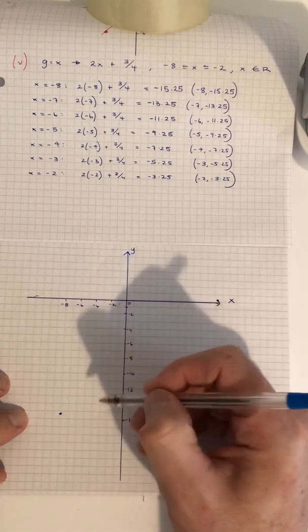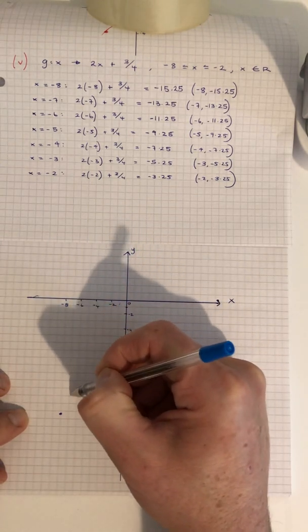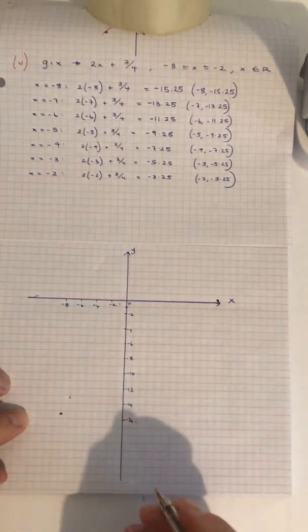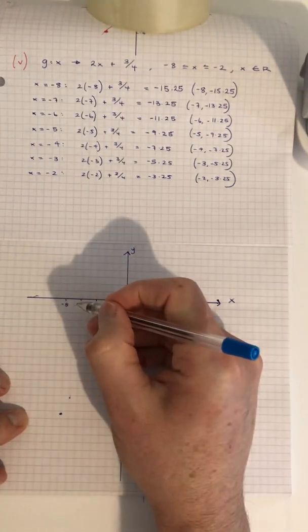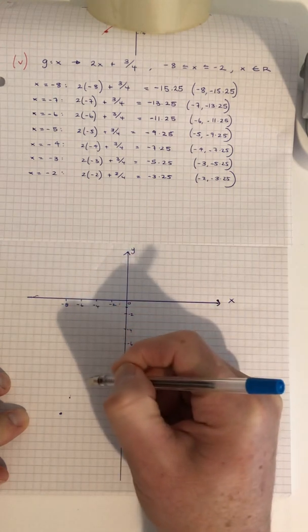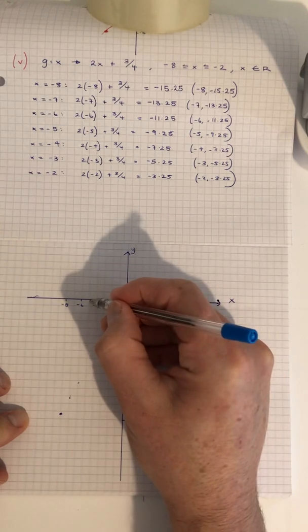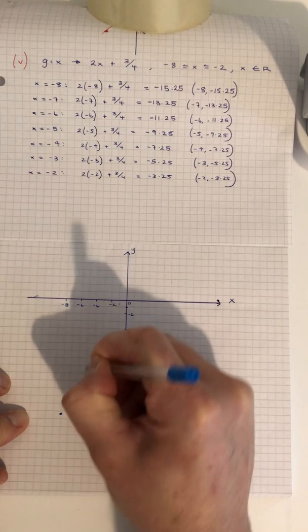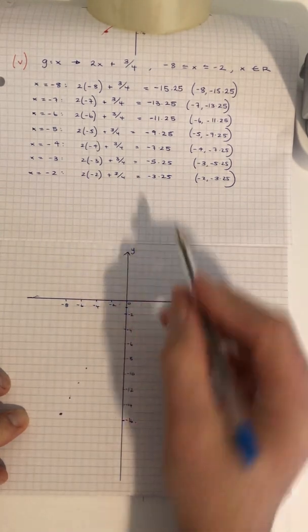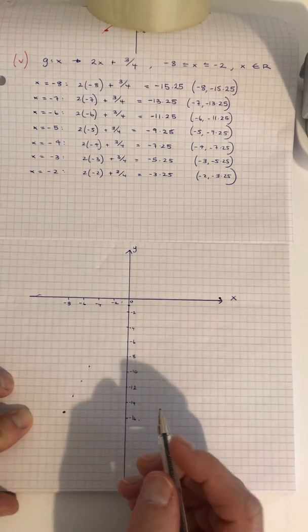Minus 7, which is here, down to minus 13.25. Minus 6, minus 11.25. Minus 5, minus 9.25. So 0.25 is about a quarter of a box, but it doesn't have to be exact, okay?